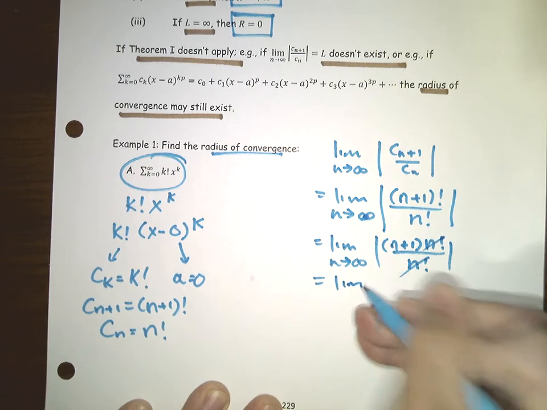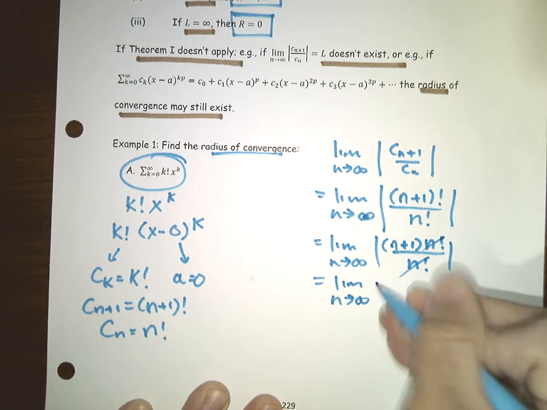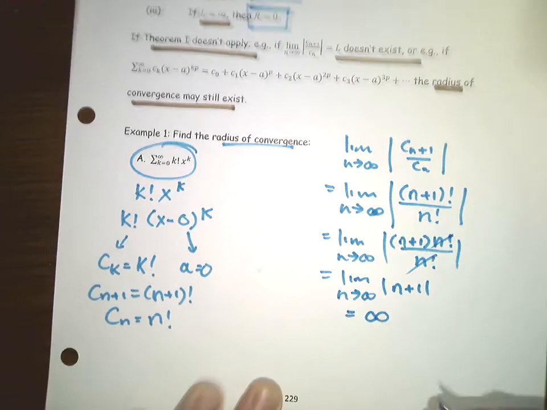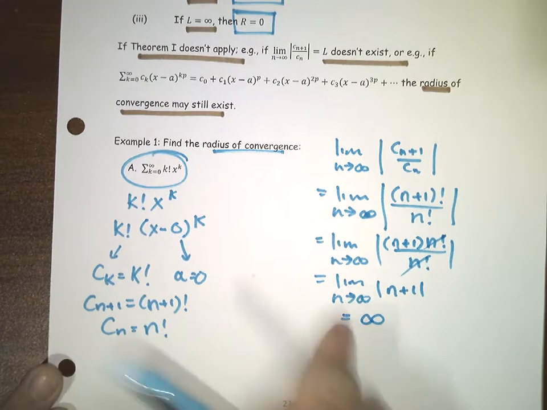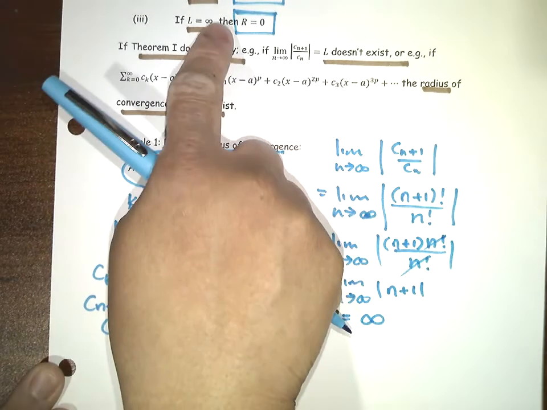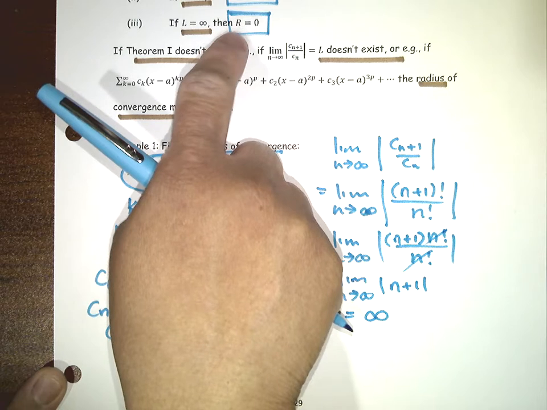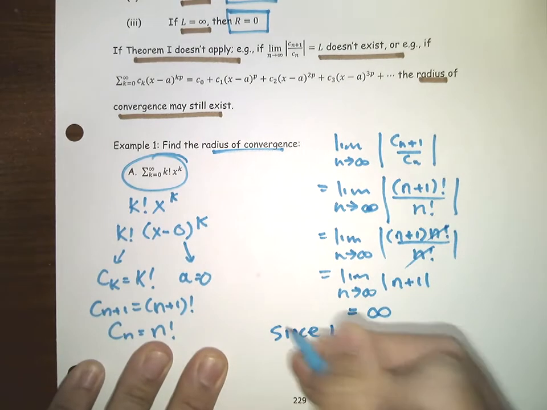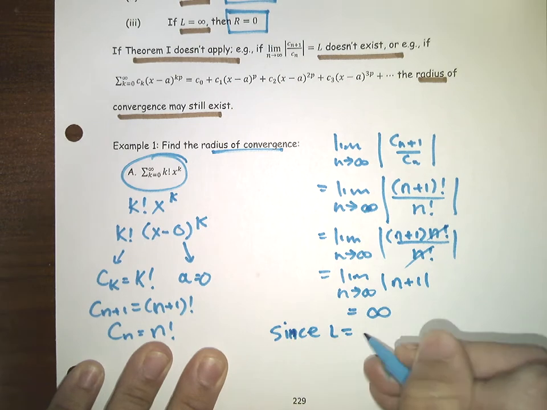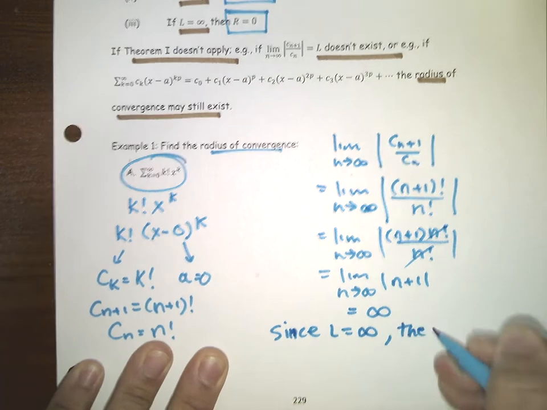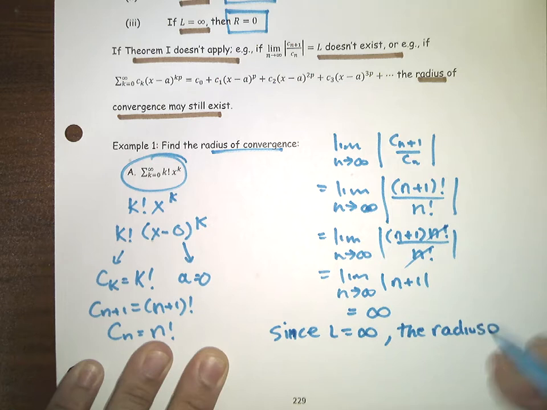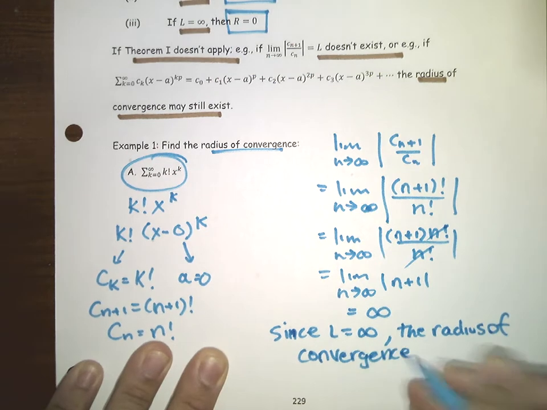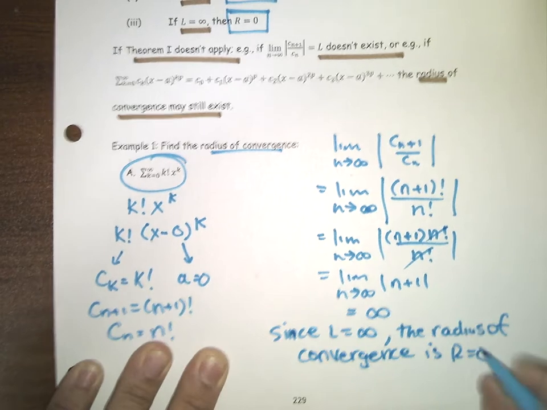So this is the limit as n goes to infinity of n plus 1, and that will be infinity. So since L was equal to infinity, that means that the radius of convergence is equal to 0.